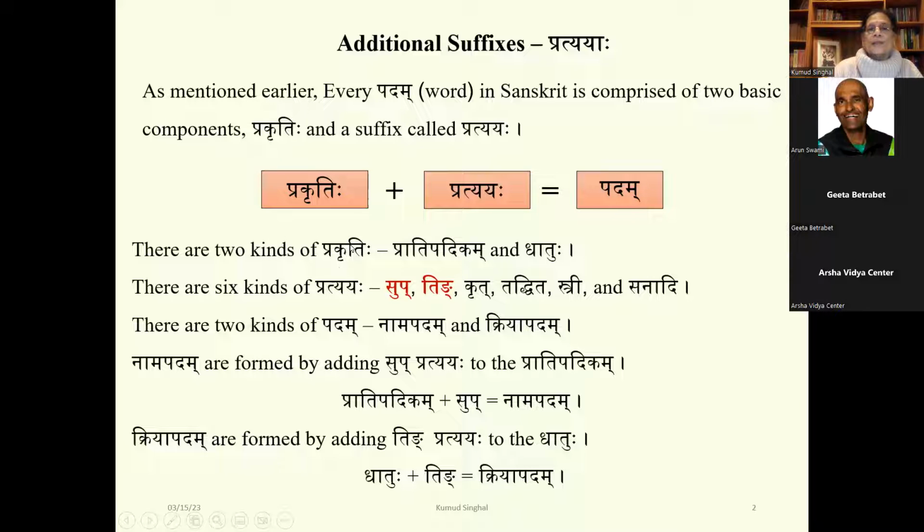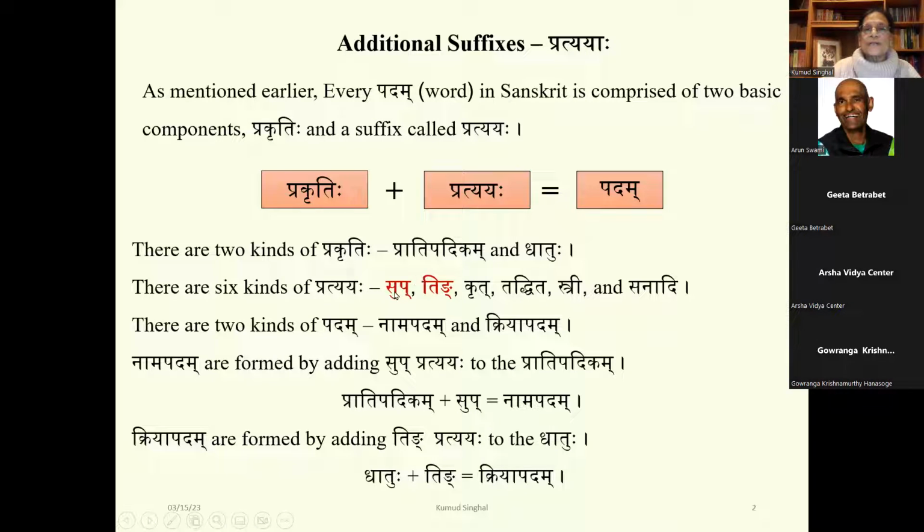There are two kinds of prakriti, pratipadikam and dhatu. There are 6 kinds of suffixes: sup, ting, krit, tadhita, stri, and sanadi.